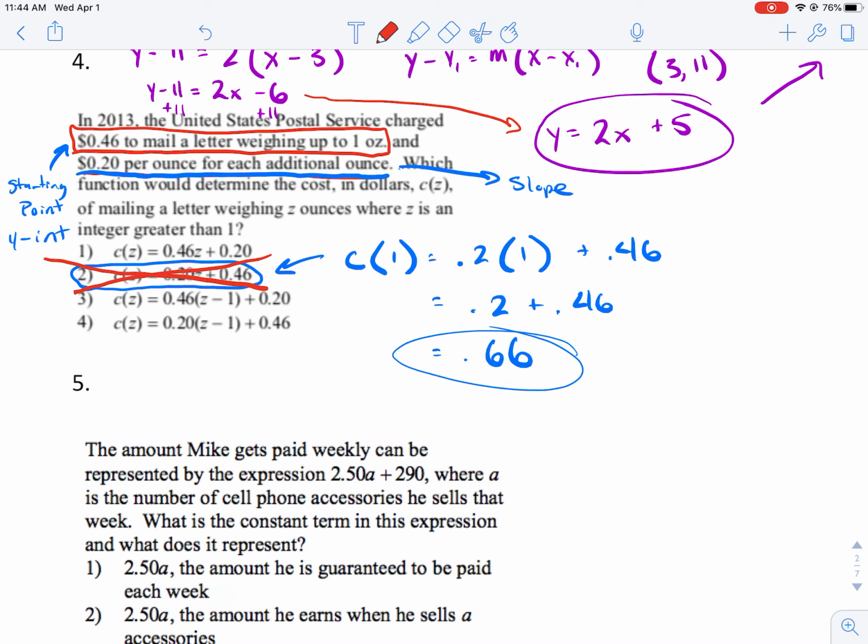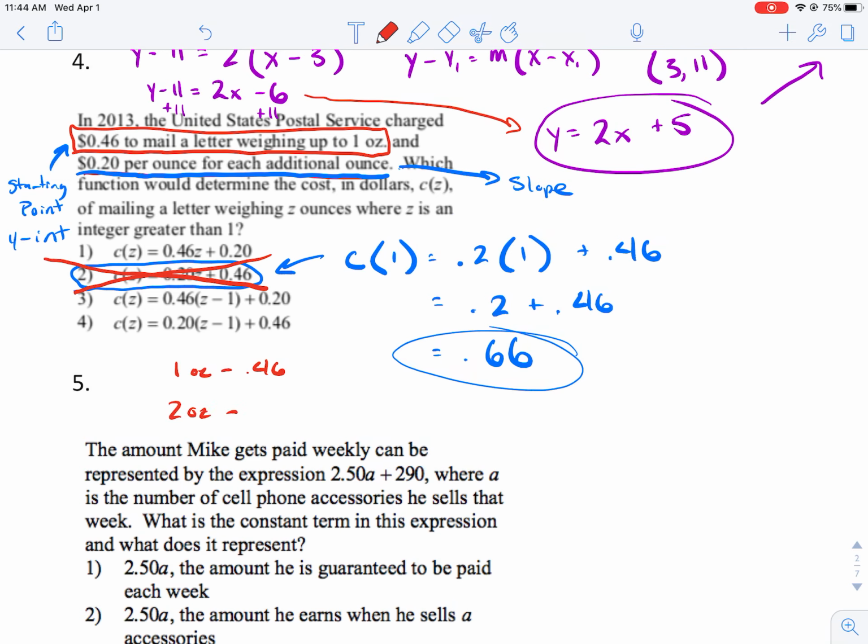that we're not getting charged an additional 20 cents until actually 2 ounces. If you think about it, you get charged 46 cents up to 1 ounce, and you're not getting charged an additional 20 cents until our second ounce, when we weigh 2 ounces.